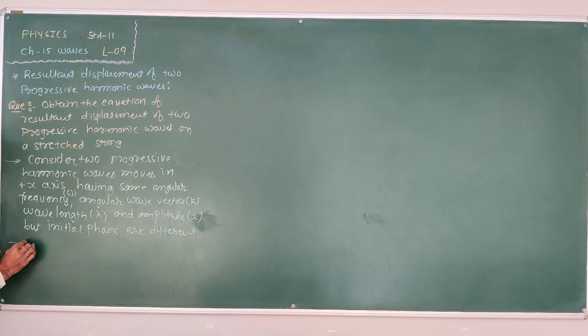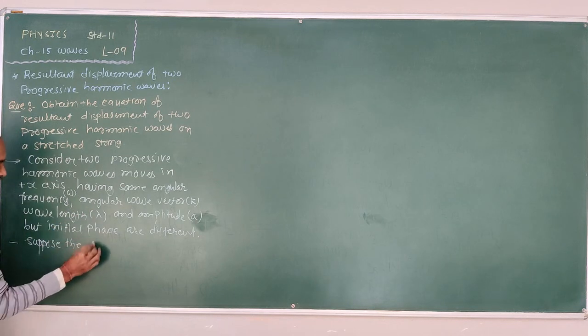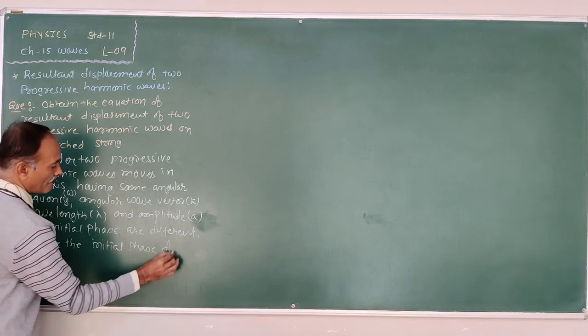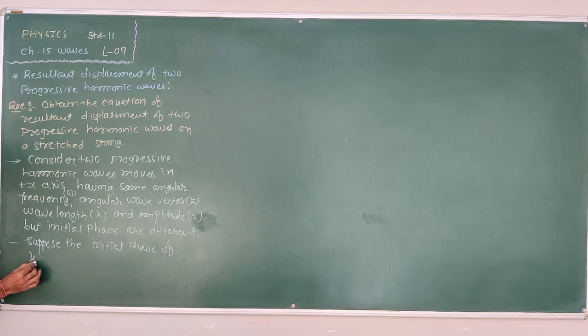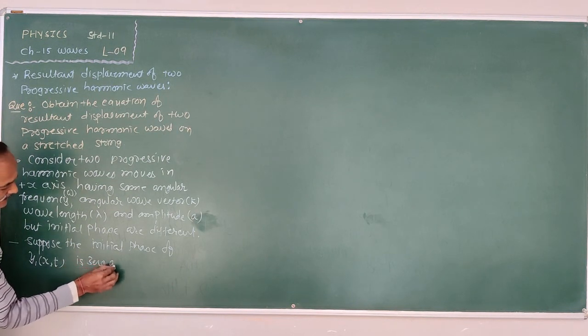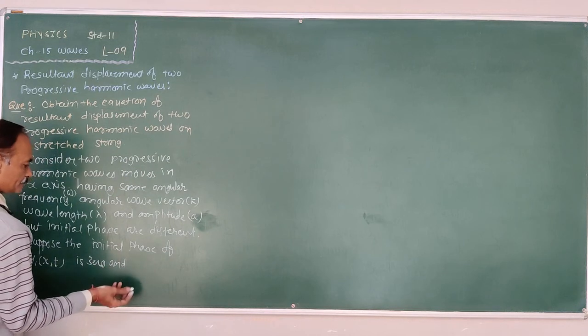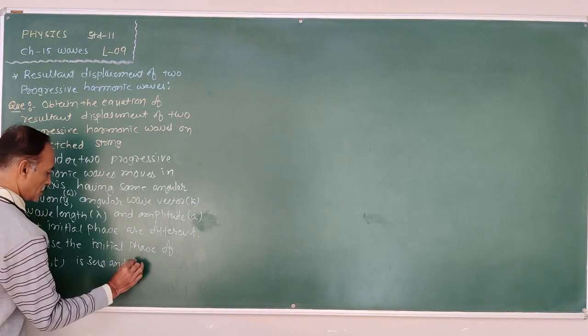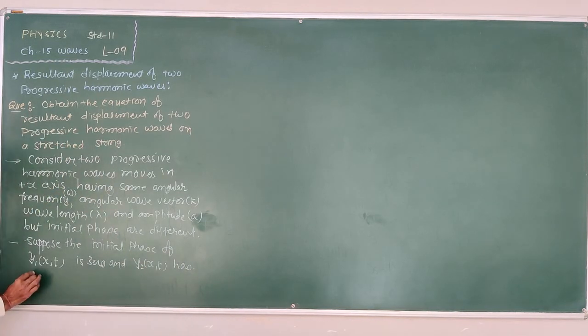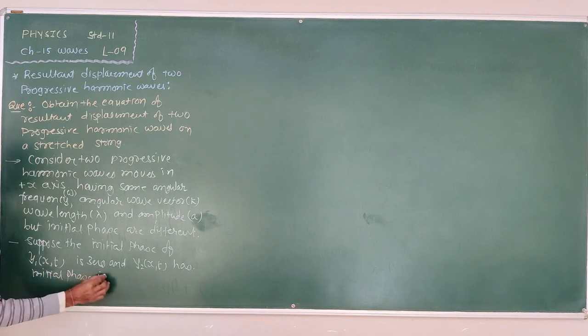Then we can assume that the initial phase of one wave, with displacement y1(x,t), is 0, and the other wave, with displacement y2(x,t), has initial phase phi.